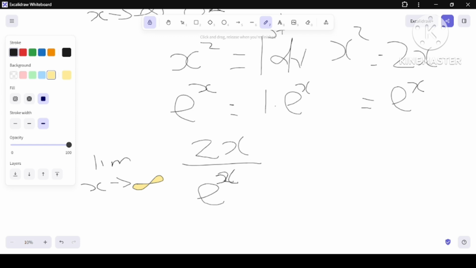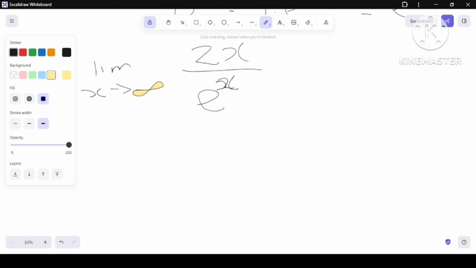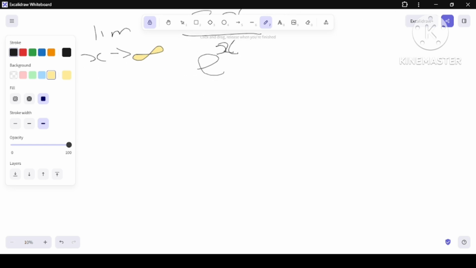Let's go to the next point. Still, we have x, but we have to obtain a constant in the numerator. So we are going to differentiate the 2x again, which means we are finding the second derivative of this function.